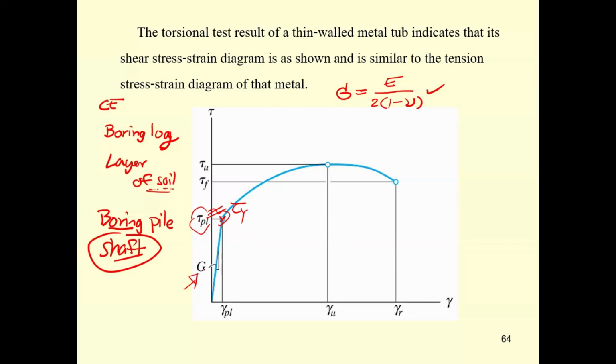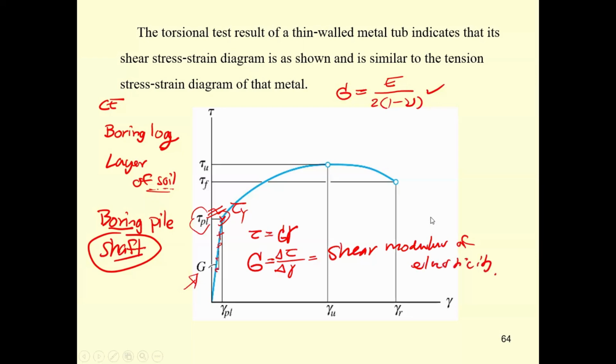You may determine this one directly because in this portion of the graph we have tau equal to G gamma, then the shear modulus of elasticity is going to be delta tau divided by delta gamma. We call this one shear modulus of elasticity, and then you use this kind of information for lab number 5.